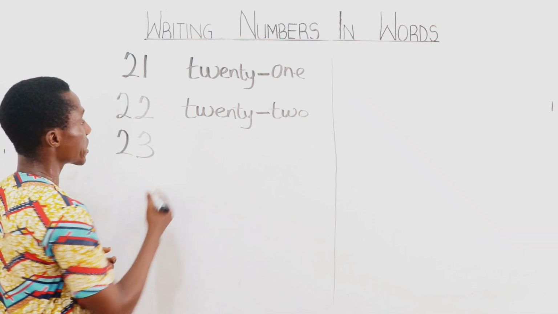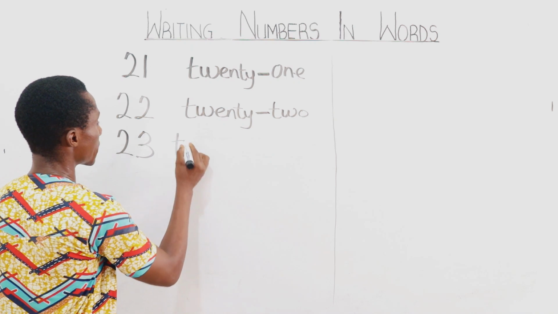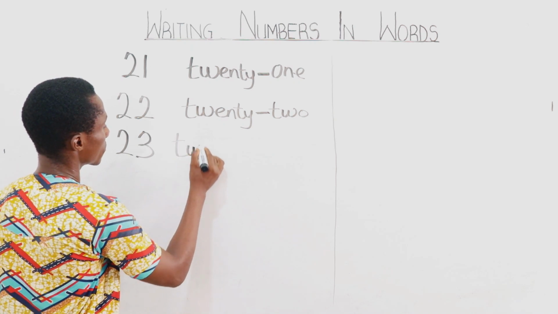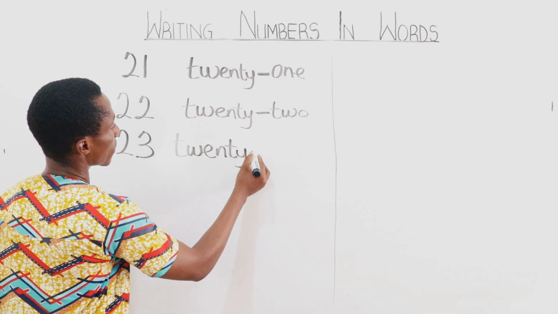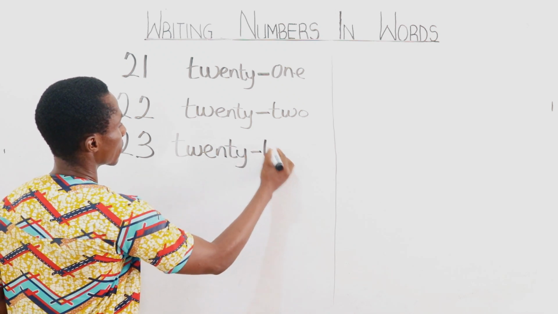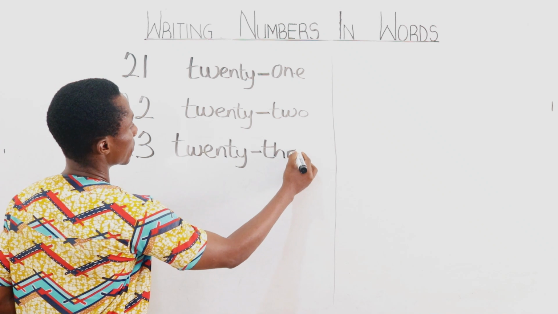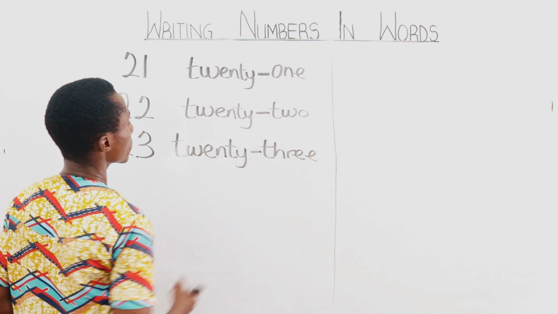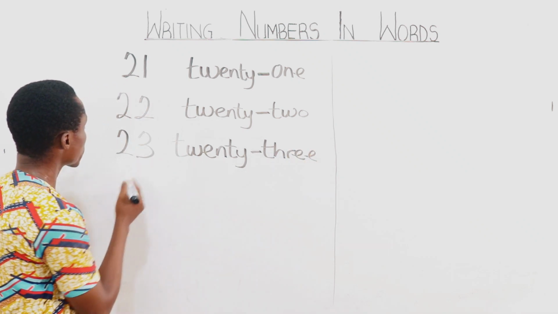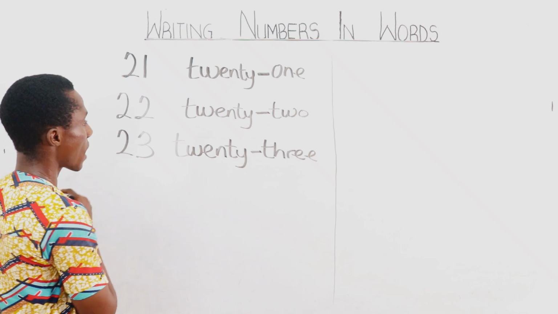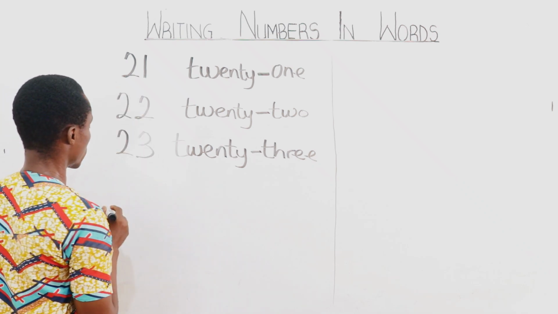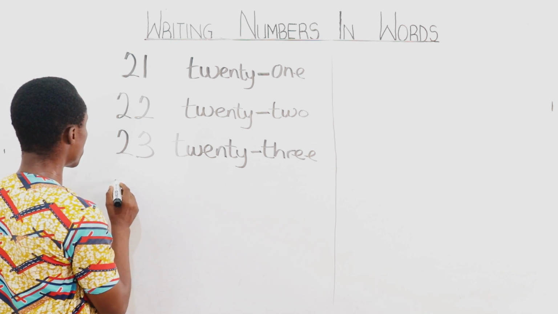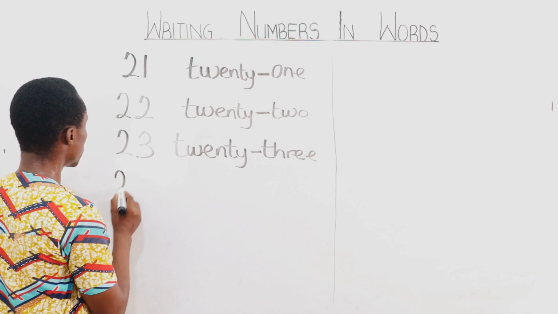And the same way we write 20 hyphen 3. Now, the last compound number in the 20s is the number 29.